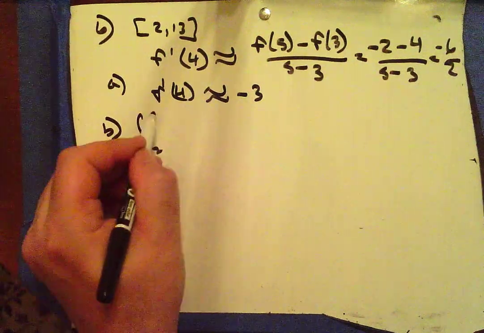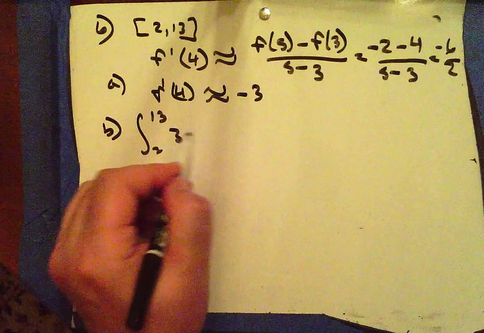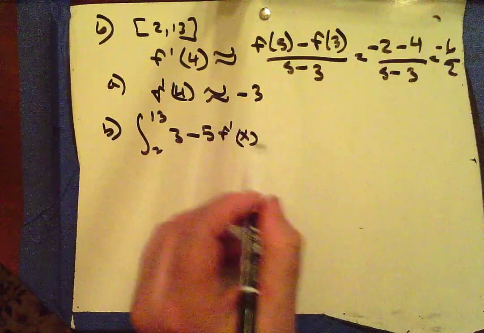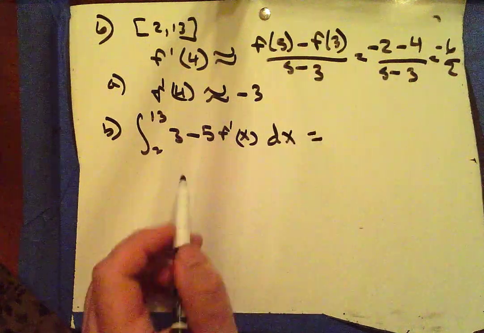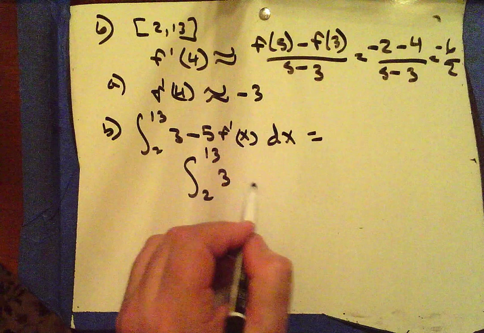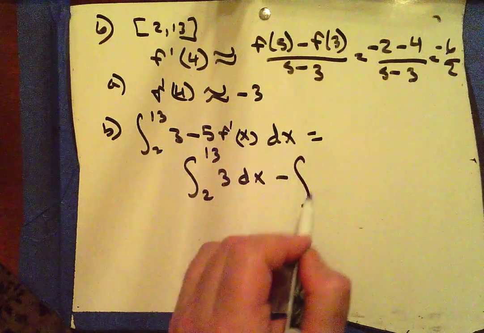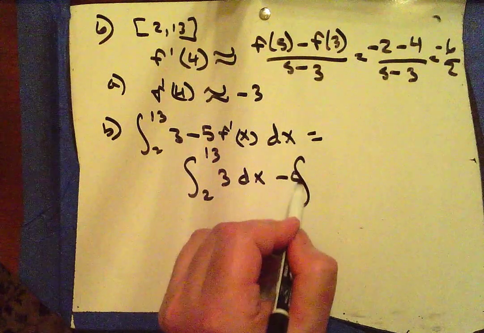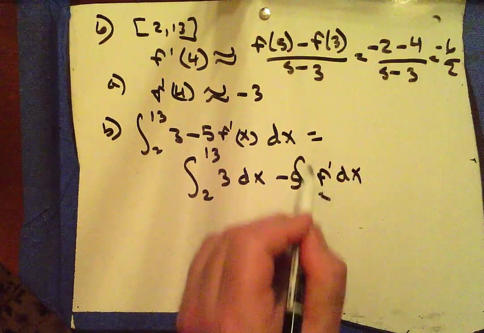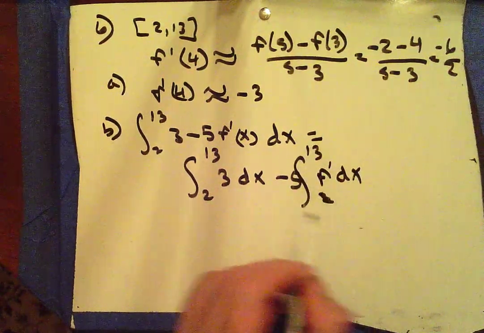Evaluate the integral from 2 to 13 of 3 minus 5f prime dx. Well, with my integral properties, that's the integral from 2 to 13 of 3 minus 5 times the integral of f prime from 2 to 13.